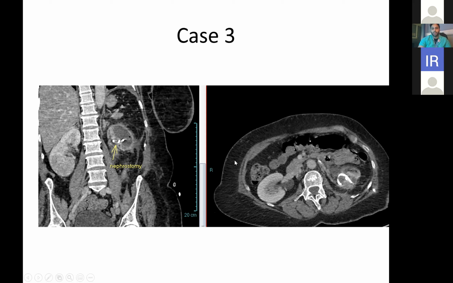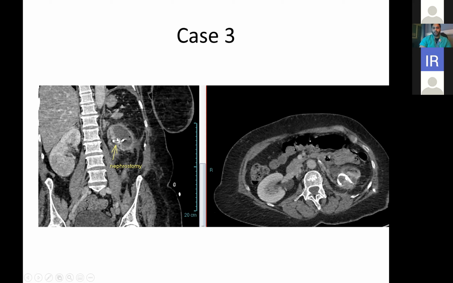After several weeks, she's had several CTs during her stay in ICU. This was one of her CTs that was done maybe after a month of her admission. You can see here that certainly this pus-filled renal pelvis is significantly smaller, and the multiloculated collection around the kidney, infiltrating the spleen, has also significantly reduced with just residual changes.